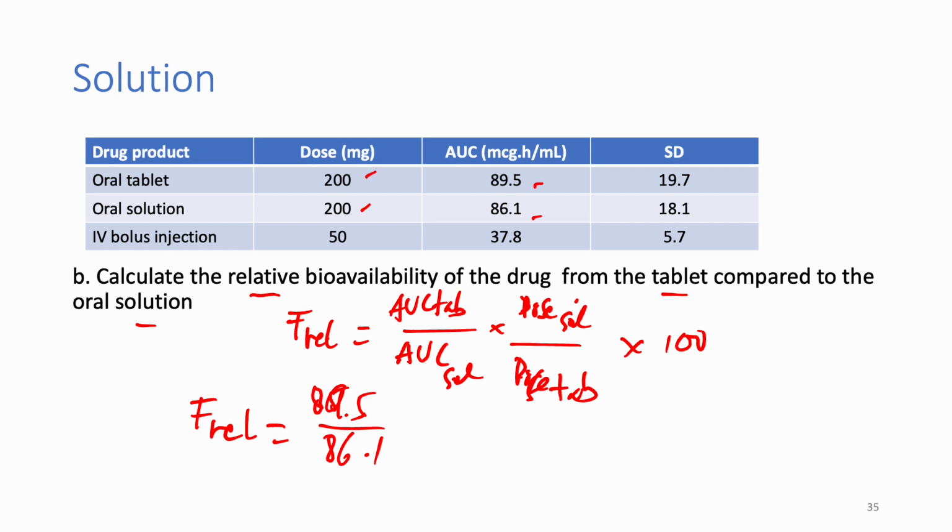You see they have the same dose, so it can be crossed out and I don't need to calculate here. So if I calculate the F fraction, then the relative bioavailability will be 1.04. And as a percentage, multiplying by 100, I have 104% for the relative bioavailability of the drug.